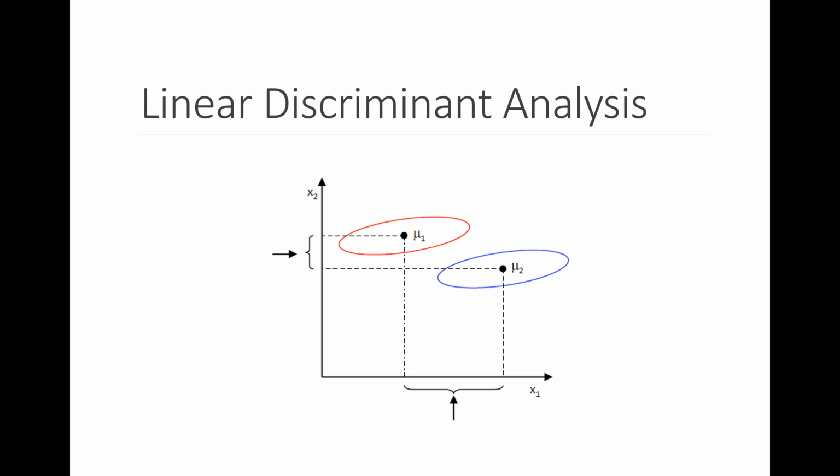If you calculate the mean values, mu1 is this one and mu2 is this one. If I project mu1 and mu2 onto the x-axis, the difference between the 2 mean values is larger, whereas if you project the mean values onto the y-axis, it is smaller. So what is your expected one?